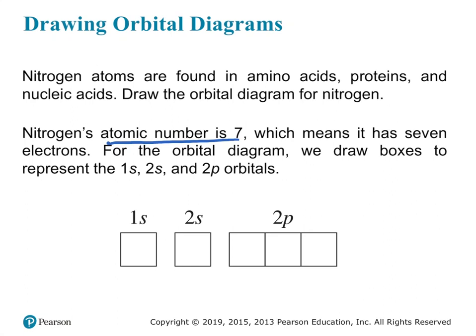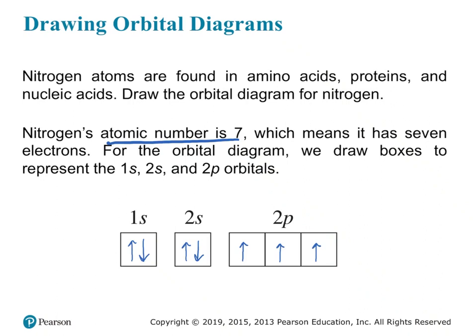Okay, so let's start filling in the 7 electrons for nitrogen. We're going to put the first 2 electrons in the 1s orbital, and then we're going to put the next 2 electrons in the 2s orbital. So that takes care of 4 of the electrons, and then we have 3 electrons left. So we're going to put those in their own separate orbitals, because remember, electrons would like to be by themselves if they can.